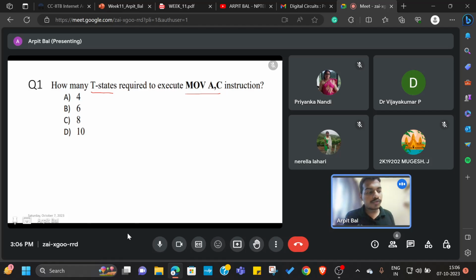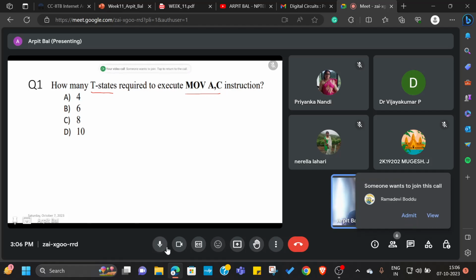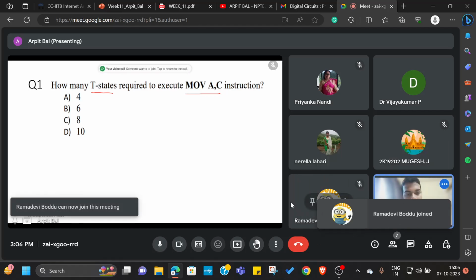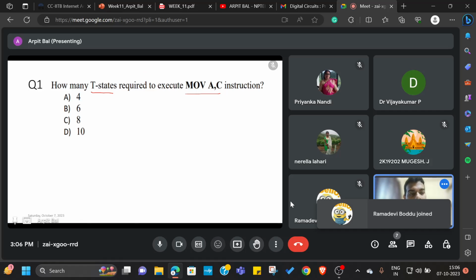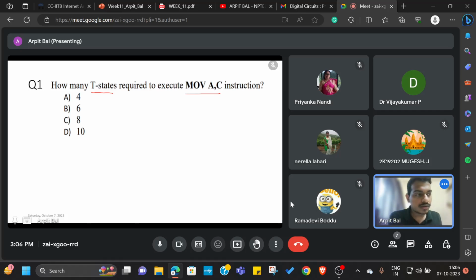We refer to it in terms of T states. Then based on the frequency, we determine the absolute delay associated with each T state. What this question is asking is, for this particular instruction MOV A, C, how many such T states are required? Does anyone know the answer?